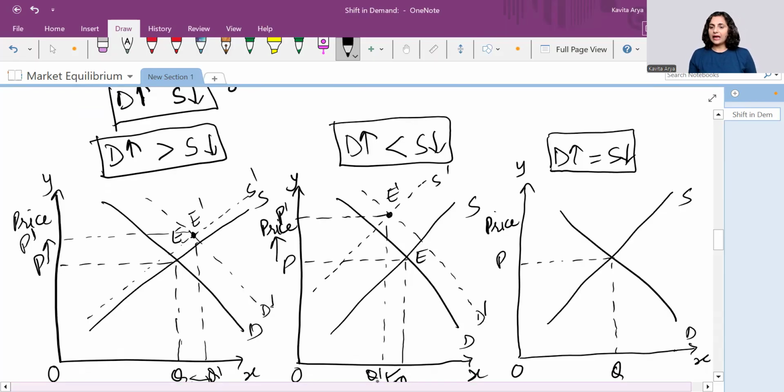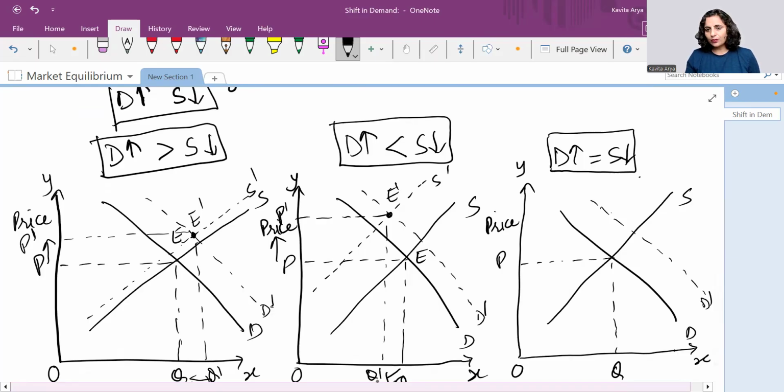And now the last situation is when both of them are changing in the same quantity. So how would it happen? Demand has increased, so it's to be rightward shifted. So this is D dash. And supply has reduced, but by the same quantity.